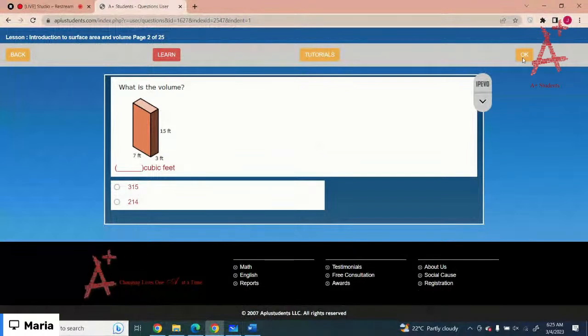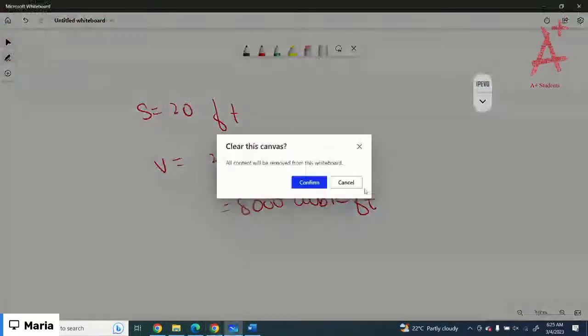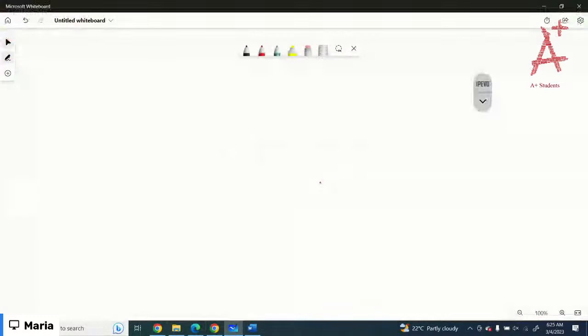So you have to do side times side times side. Got it? It would be 7 times 3 times 15. The dimensions are 7 times 3 times 15. Got it? It would be 21 times 15. 21 times 15 is 315 cubic meter. Got it? So that means the volume for the figure is 315 cubic feet. Got it?